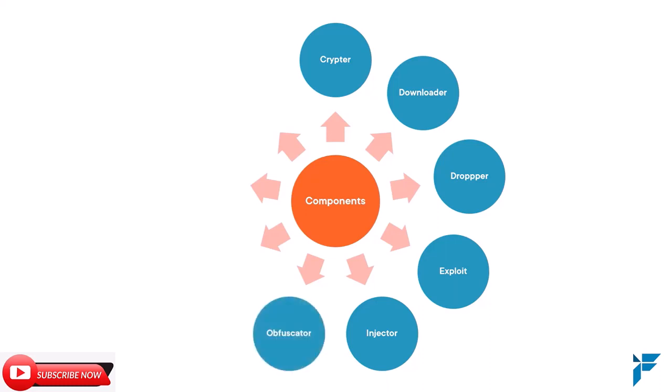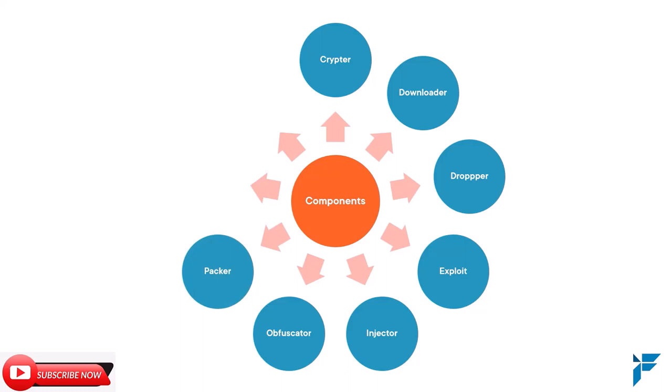We also have obfuscators. These are programs that the attacker uses to conceal the malware or the malicious code, and they do this with different types of techniques. It makes it a lot harder for security programs like antivirus, anti-malware programs, and security professionals to find it and remove it.